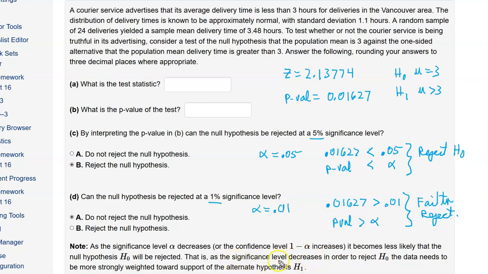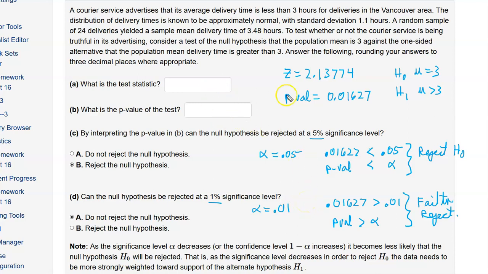In other words, as your significance level decreases, in order to reject H0, the data needs to be more strongly weighted towards supporting the alternate hypothesis H1. So at the significance level of 0.01, our data is just not strong enough to reject the null hypothesis, but it is strong enough at the 0.05 significance level. So take note of that.